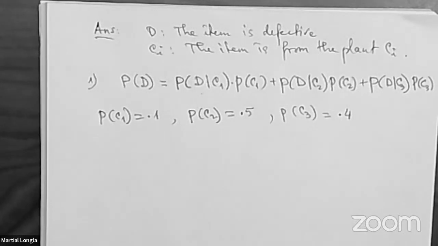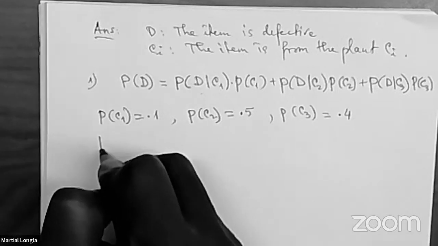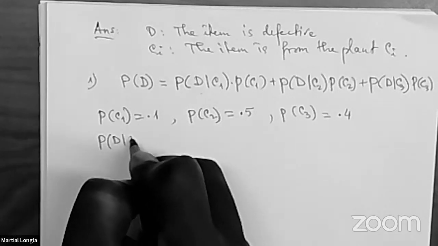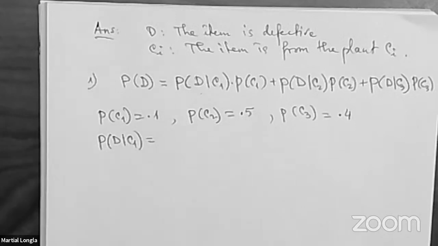Now, the conditional probabilities, you need to make sure you understand them. P of D given C1, what is it? Just in words first. It is the probability that an item is defective, knowing that we are at plant 1.